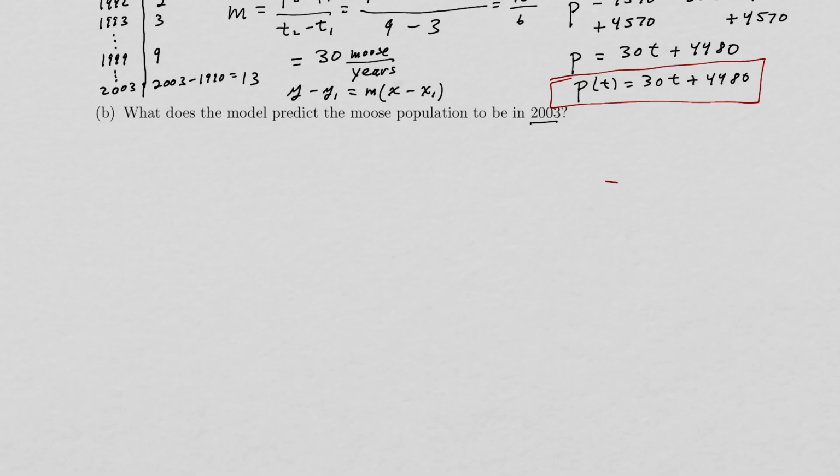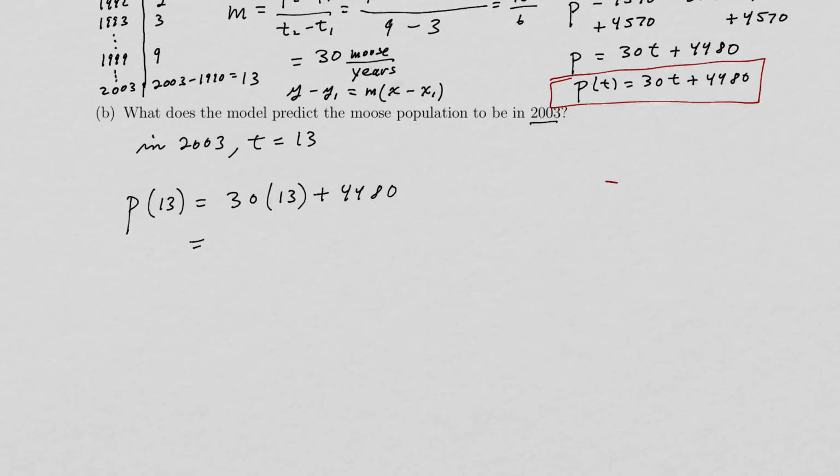Well, remember, we already said in 2003, t is going to be 13. So I want to know the population when t is 13. So I go to my linear equation, and where I have a t, I'm going to plug in 13. So 30 times 13 is what? 390, I think?